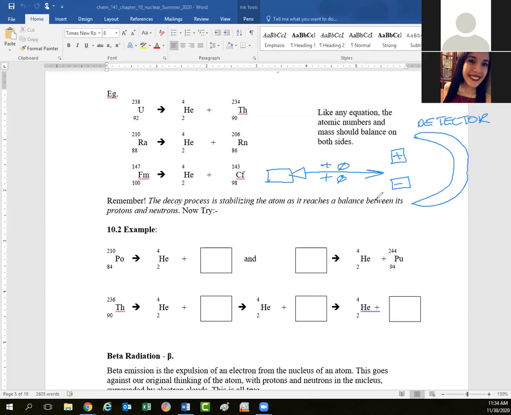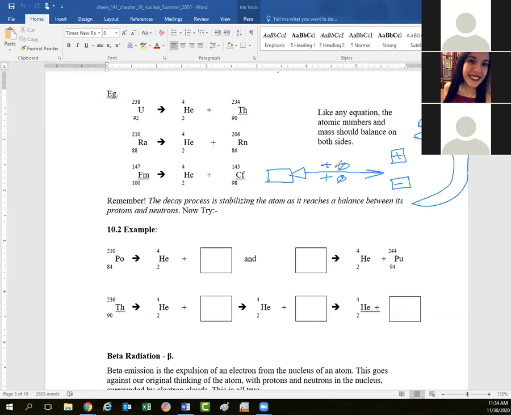Alexei, any thoughts? How would those positively charged protons interact with something that's also positively charged? Wouldn't it be repelled? Right, positively charged things repel other positively charged things.